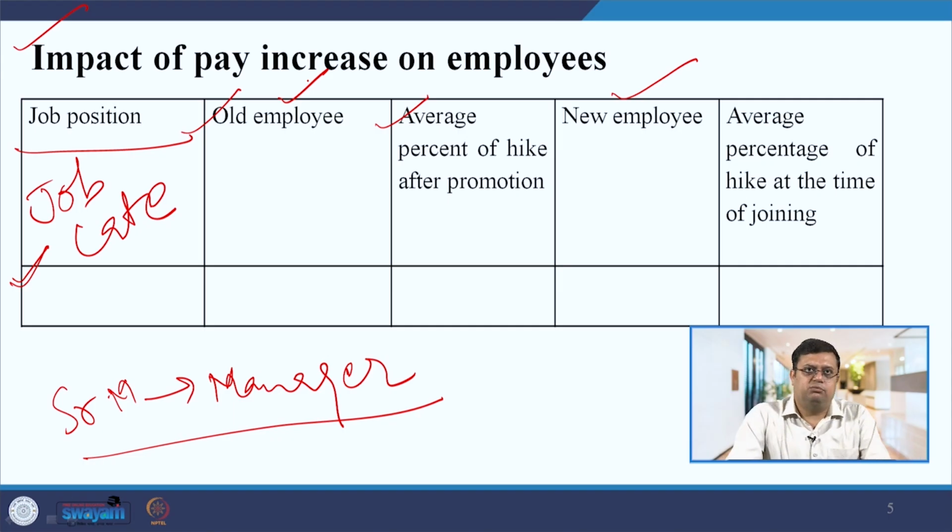You have already developed the job categories. So for each job category, what is the average percentage of hike after promotion? When a person is moving from one position to another, how much is the CTC change? And when somebody is coming from the outside, how much change does that person get? That is one thing.